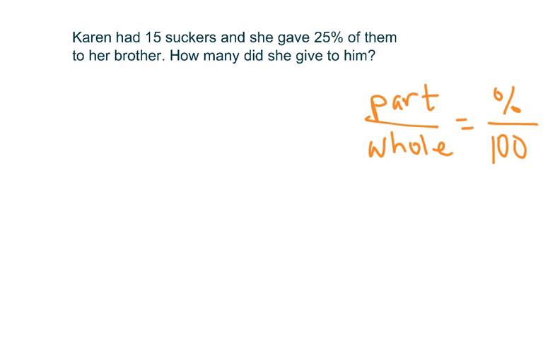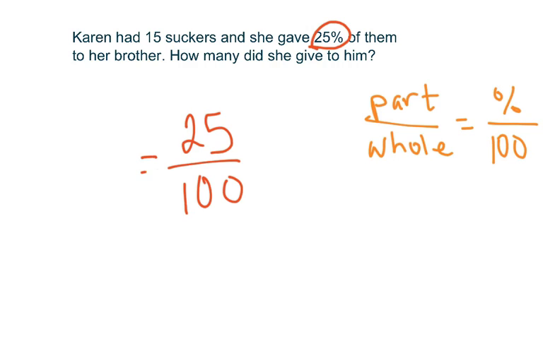Well, right away, this rule hasn't changed. The percent still goes over 100. So 25% out of 100. It says Karen had 15 suckers. So you're going to have to decide with these word problems, is this the part or is this the whole amount? Well, Karen had 15 suckers, so that's the whole amount she has.